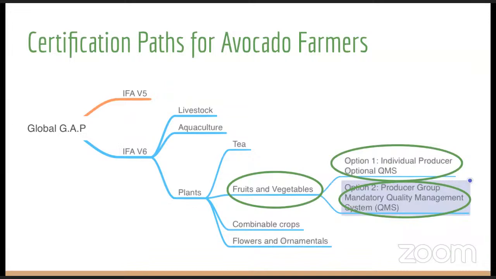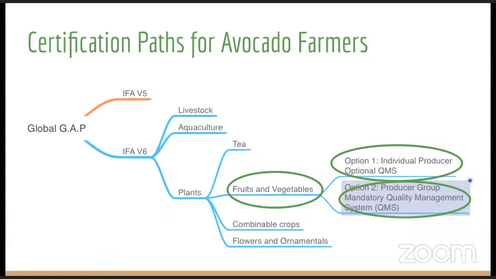And what that means is it essentially has to put in place what they call a quality management system, which would be the set of standards and processes and criteria that Lusaka Avocado, for example, would have to make sure that all the farmers taking part and are part of that certified group are going to align to, and make sure that they're in compliance with our quality management system.